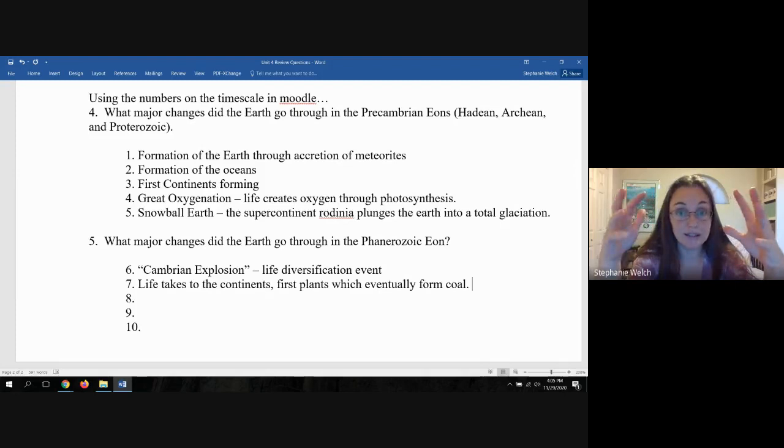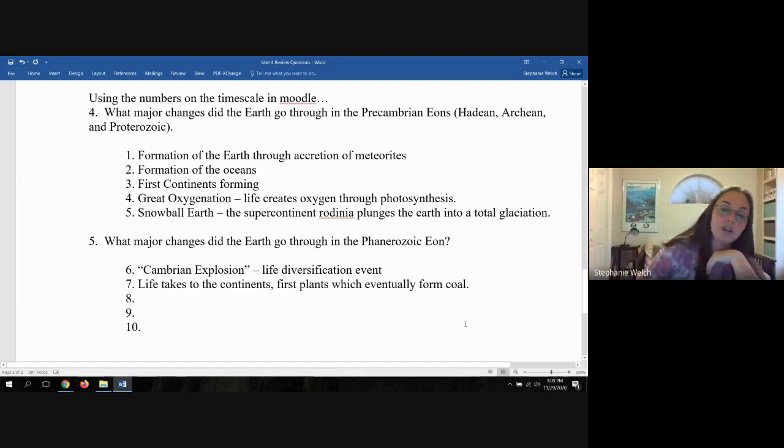And when those plants died and later accumulated, they would eventually form the coal that we're still using today. So I thought it deserved its own spot, especially as the very first step of life taking to the continents and conquering the continents. Because up until then, life was strictly marine and the continents were barren.